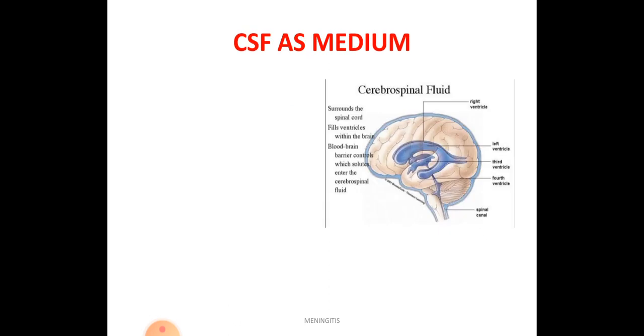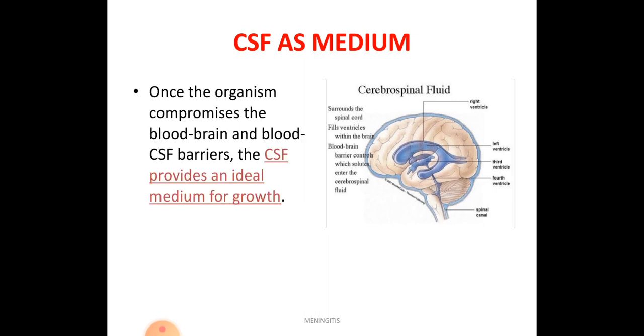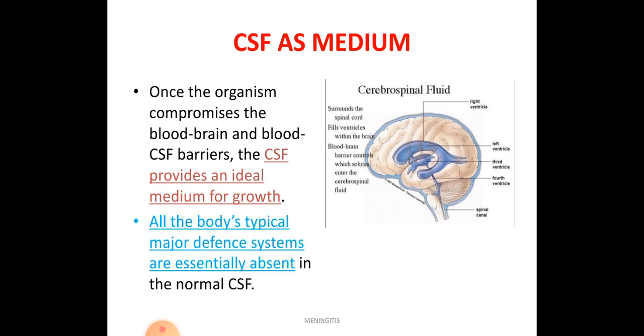Now CSF is not just responsible for spreading the infection, it also provides an ideal medium for growth of these microorganisms. The reason is that the body's typical major defense systems are essentially absent in normal CSF, so it is a very favorable atmosphere for microorganisms to grow.